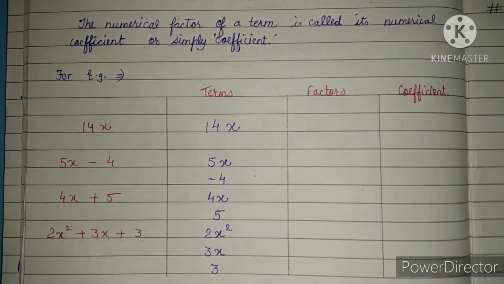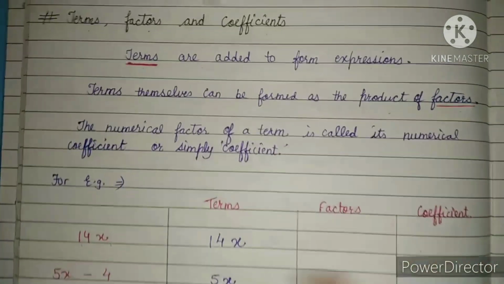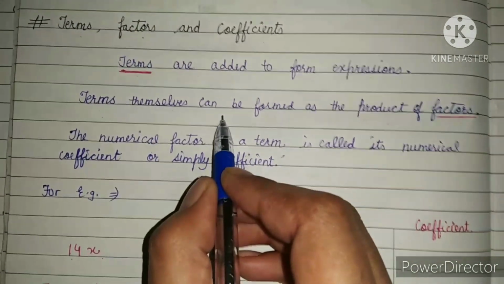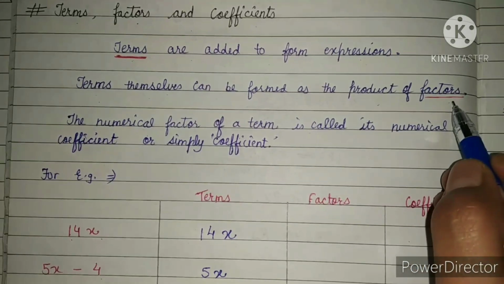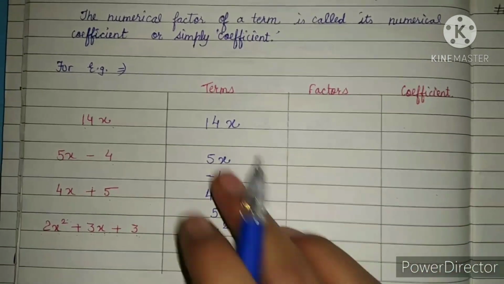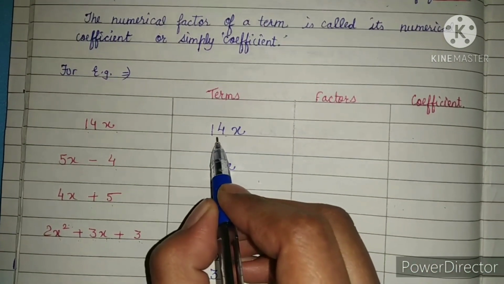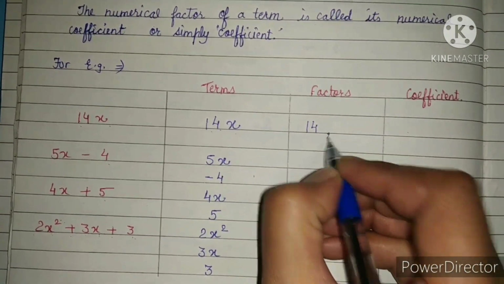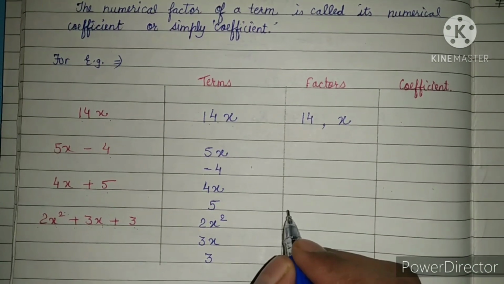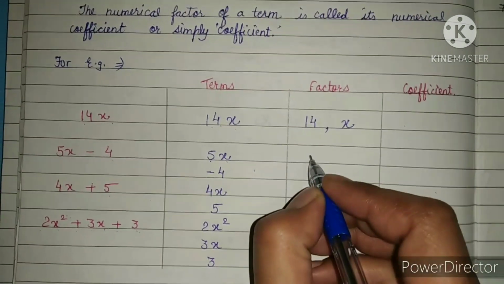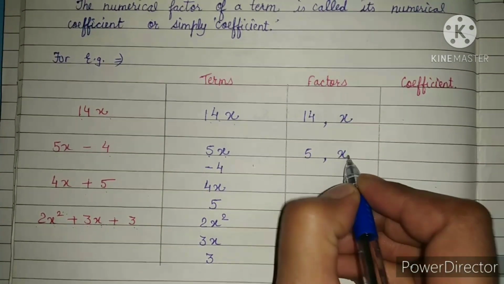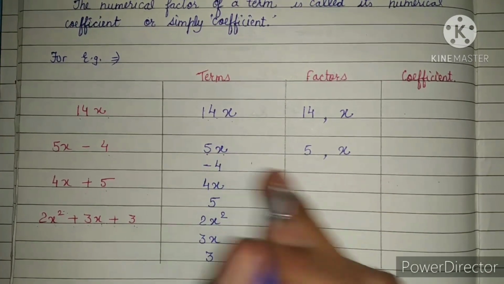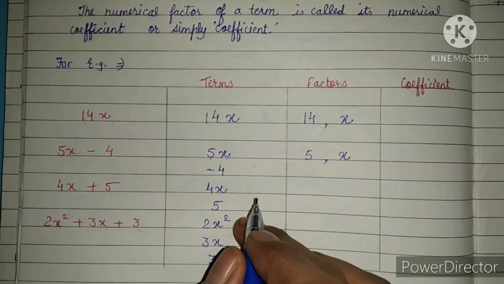Now factors. Terms themselves can be formed as the product of factors. In the first one you can see 14 is multiplying by x, so its factors are 14 and x. In 5x, 5 is multiplying by x, so its factors are 5 and x.